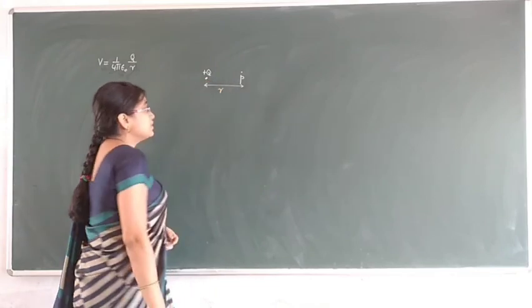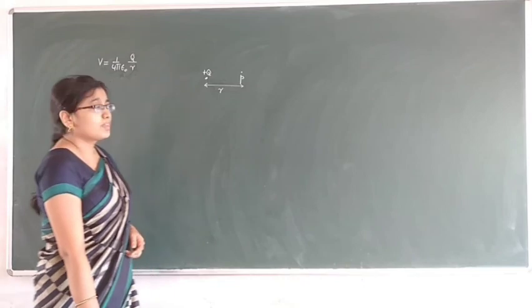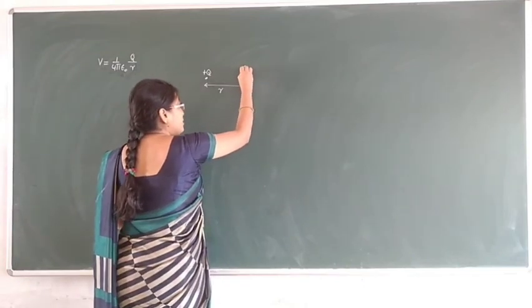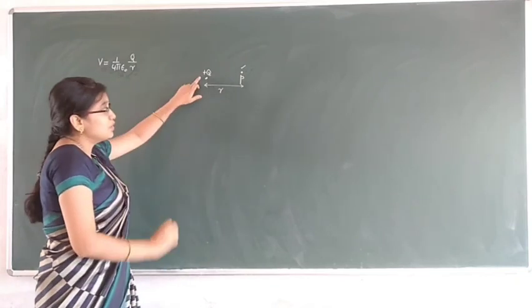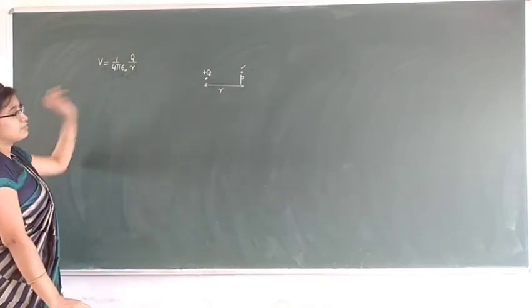Here the distance between source charge and point P is R. Then the electrostatic potential at the point P due to source charge plus Q is given by this expression.